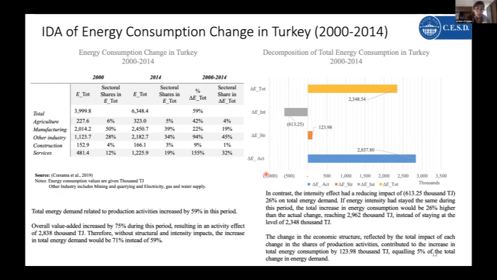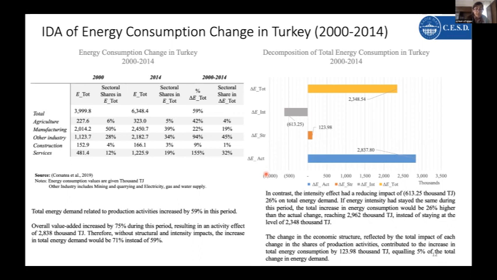And the main sectors that have experienced the major increase of energy consumption have been the other industry, which includes mining, quarrying, and electricity, gas, and water supply, and also the services sector, for which the total change in energy consumption has been 155%, and for the other industry it is 94%.